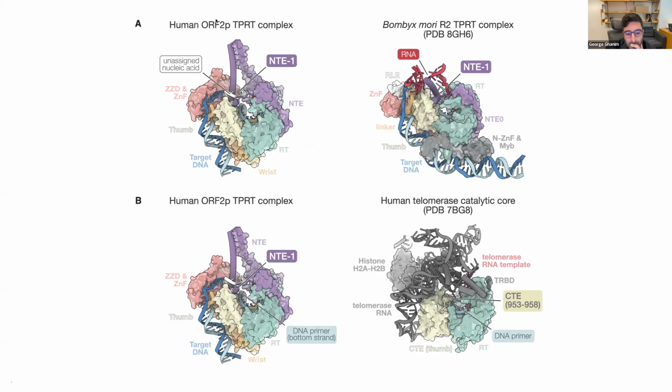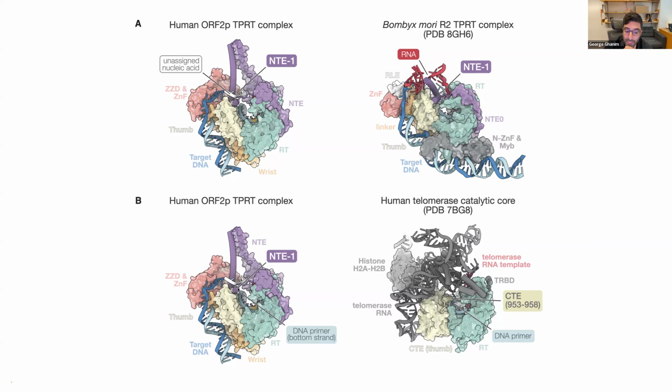So for the CTD, and you'll have to forgive this slide, this was made when we used to call it the ZZD, but the reviewer wouldn't let us have that, which is okay. But the CTD or ZZD doesn't seem to have any similarities with telomerase per se, but we do find some analogous regions with what is the CTE of telomerase, or the thumb.